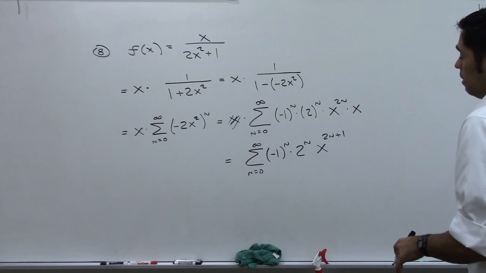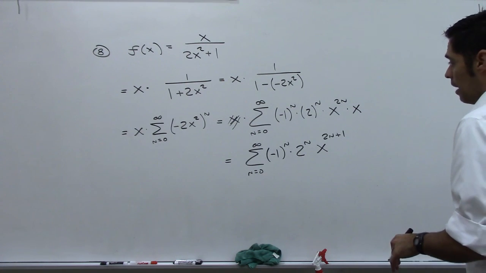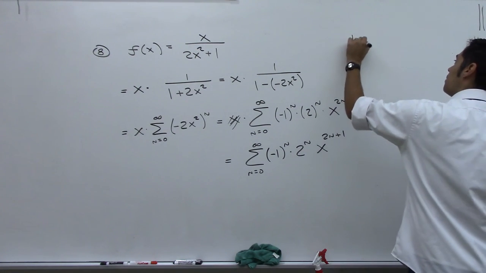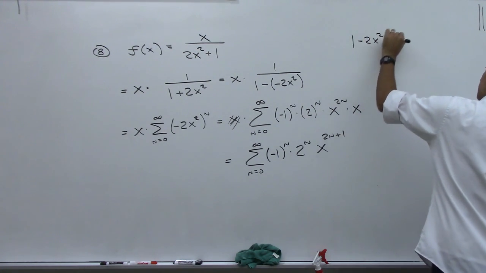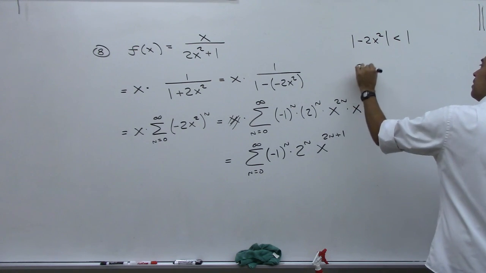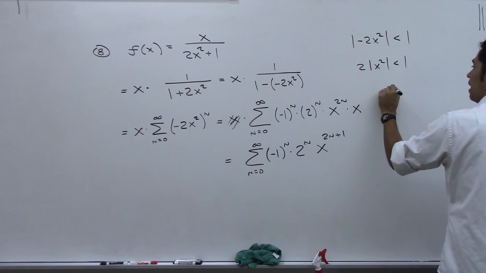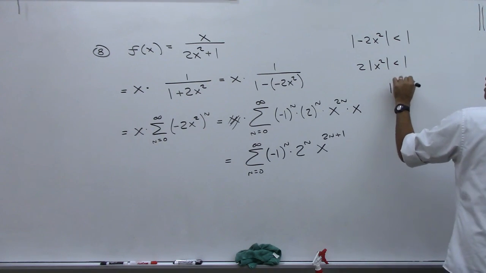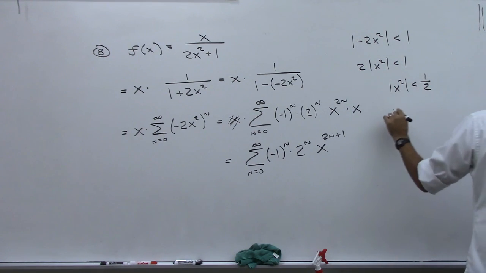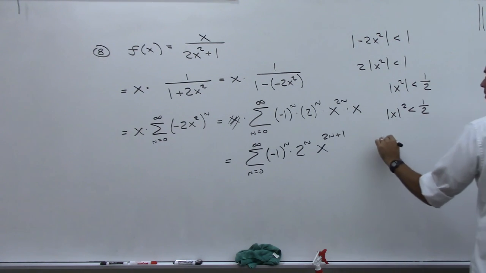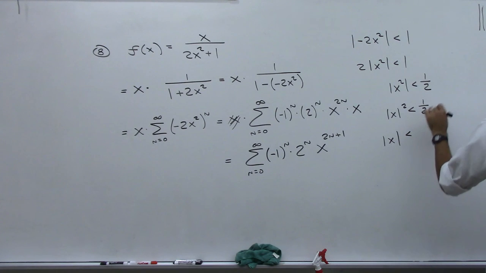And then what I'm going to do is figure out the interval of convergence. So I need the absolute value of negative 2x squared less than 1. That's the same as 2 absolute value of x squared less than 1, which is the same as absolute value of x squared is less than a half, which means that the absolute value of x is less than the square root of this.